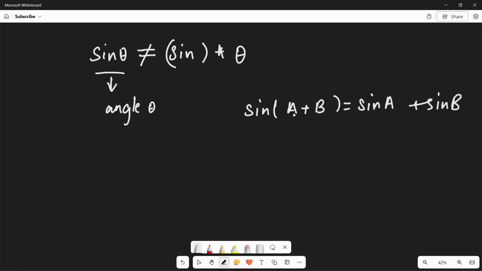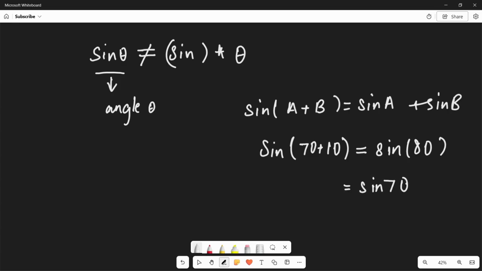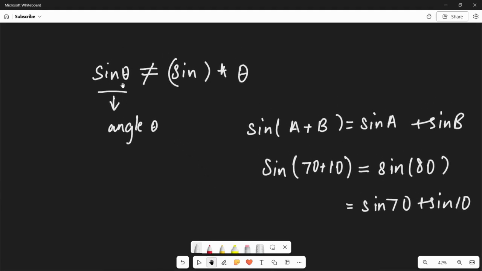That is, you cannot directly multiply sine into a plus sine into b. That is incorrect here. For example, if I have a question like sine of 70 plus 10, so this will become sine of 80 and not sine of 70 plus sine of 10. So this is the first point, that this is referred as sine of theta, that is sine of angle theta, not as sine into theta.